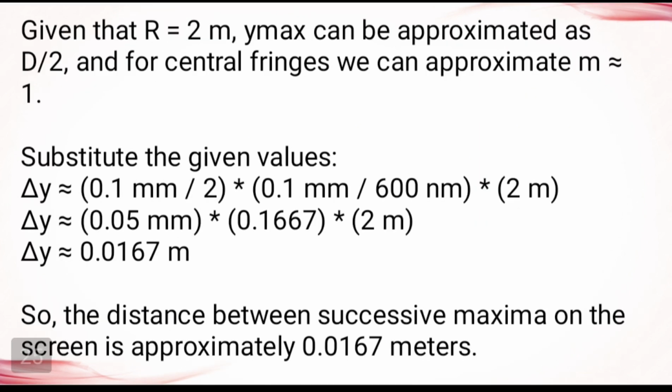Given that R is equal to 2 meters, for the first fringe we can approximate M equal to 1.